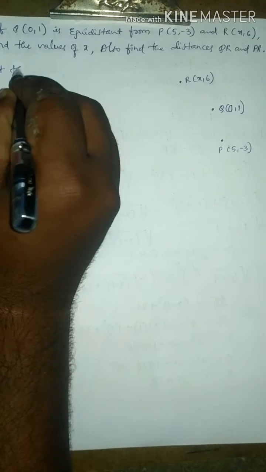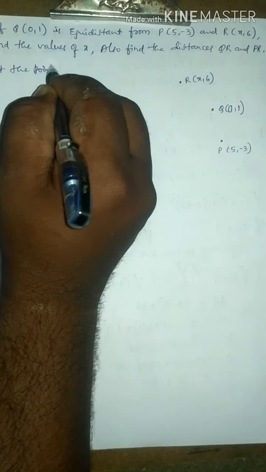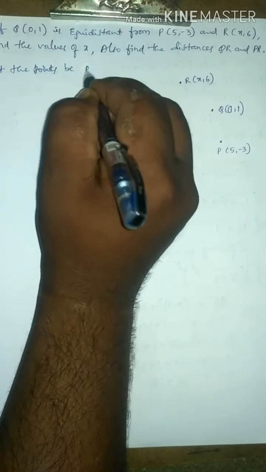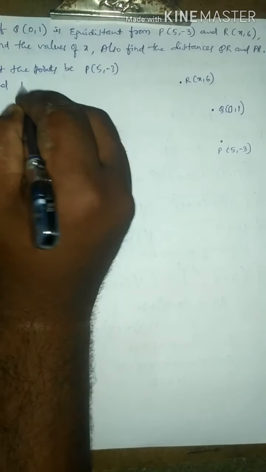Let the points be P of 5 comma minus 3 and R of x comma 6.